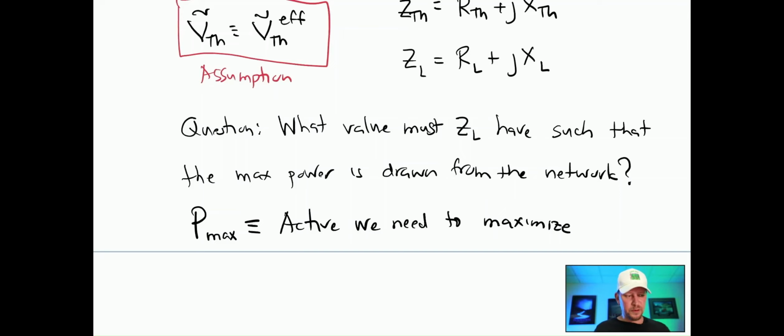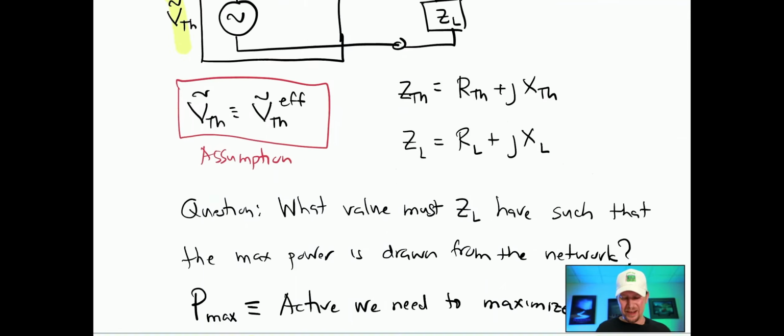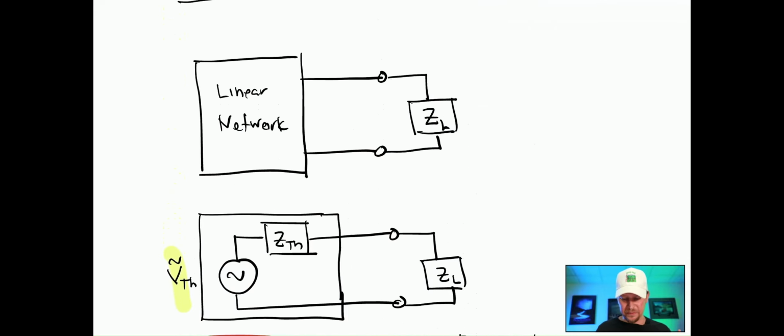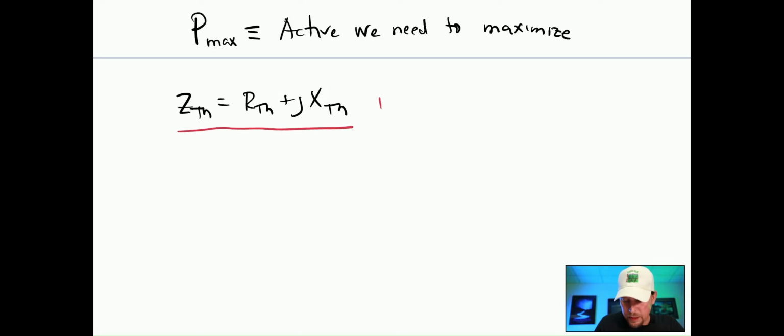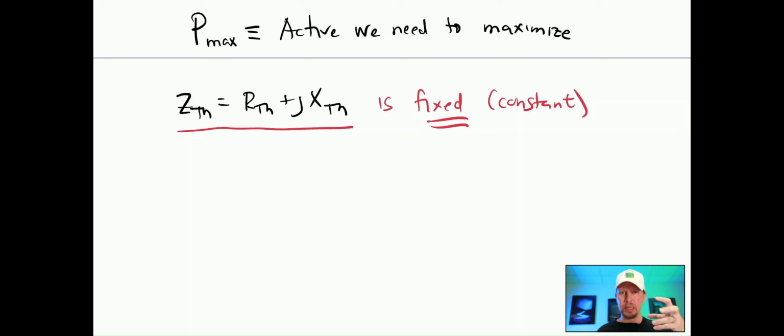Now, one thing that we can also do, right, is remember, this is a clarifying set of statements: Z Thevenin, which includes these two parts, and again, this is important to state, this right here is fixed. It is a constant. We have absolutely no control whatsoever about what this Thevenin impedance is.